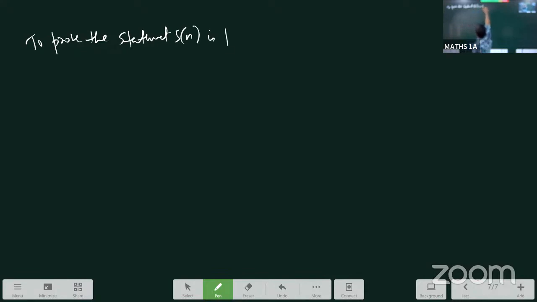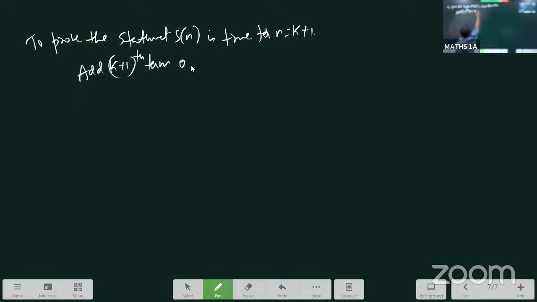Now, to prove the statement S of n is true for n equal to k plus 1, what do I have to do? Add the k plus 1th term on both sides of equation 1.